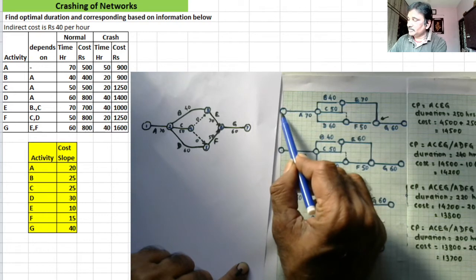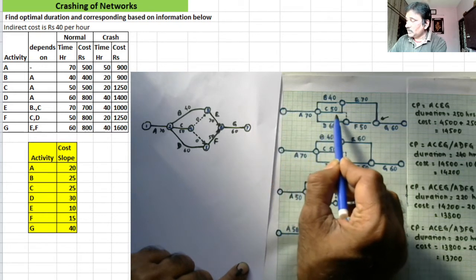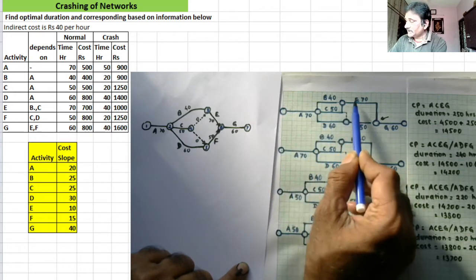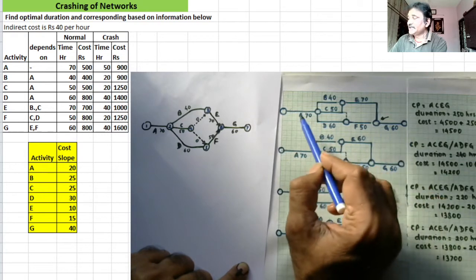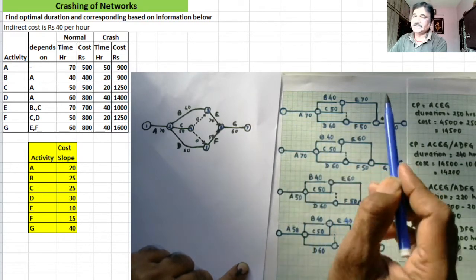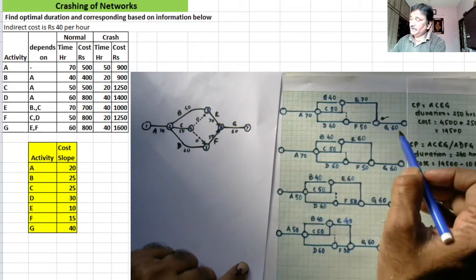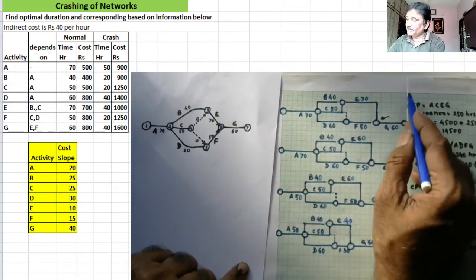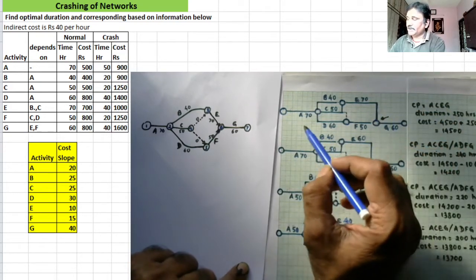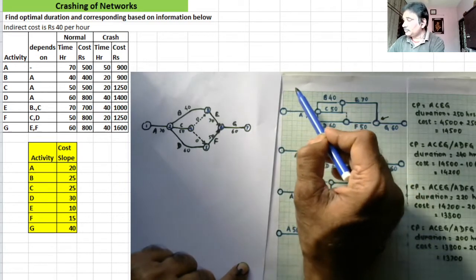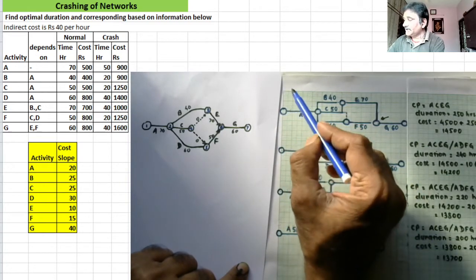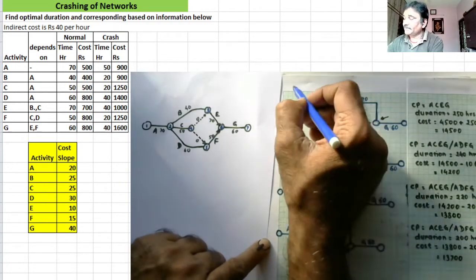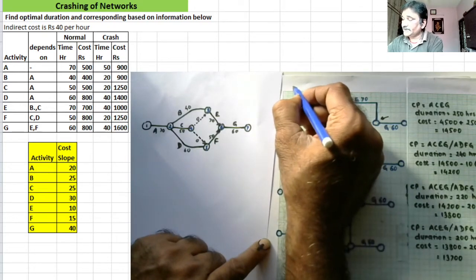So if I complete activity A and then complete C, then complete E, then complete G, A, C, E, G is the critical path, and total time to complete the project is 250 hours. You may count it or you may put your readings right here. 1 centimeter is equal to 20.